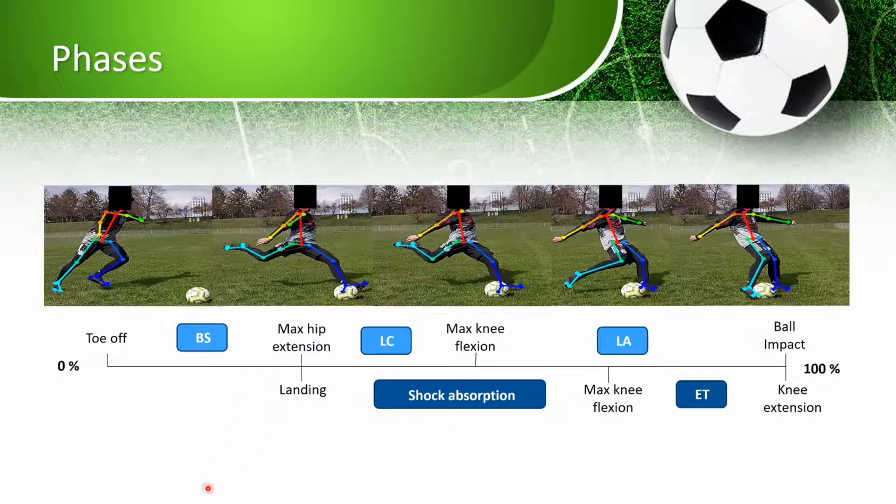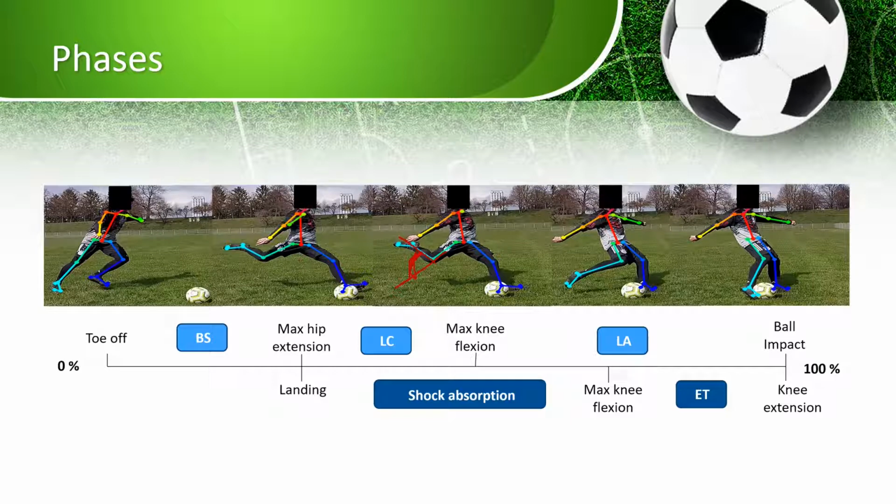Then at the same time or somewhere around the maximum hip extension, what's gonna happen is landing. So you leave the ground with the right leg and you land on the ground with the left leg like this, the supporting leg. Then in the kicking leg, what's gonna happen after maximum hip extension is maximum knee flexion. So the knee angle is defined in this angle here.